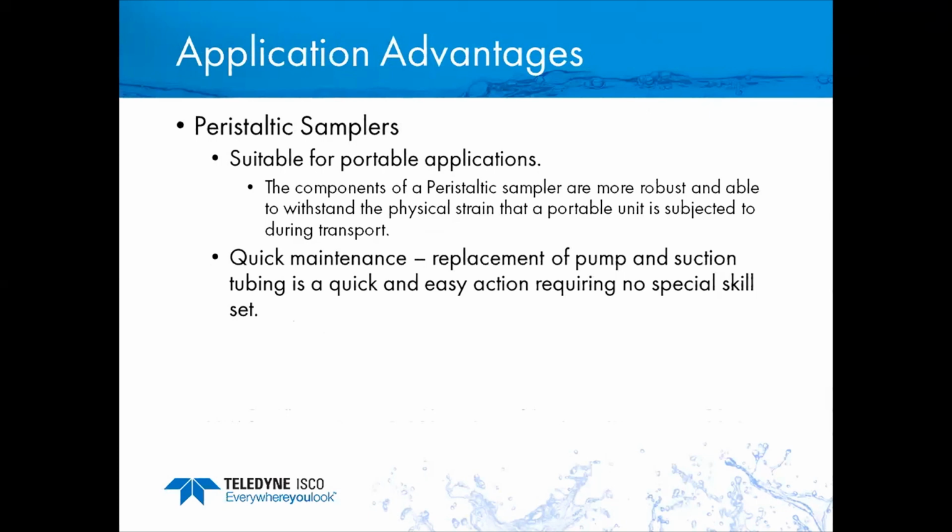A portable sampler is transported in the back of a pickup or the back of a van. It's lifted up and down, set down, moved around, bumped, going down bumpy roads, and it's able to withstand that type of treatment. Quick maintenance: replacement of the pump tube and suction line is a very easy and quick process in the peristaltic samplers.